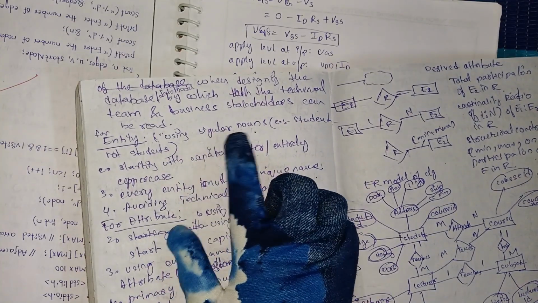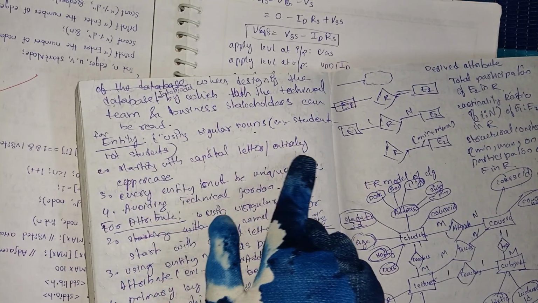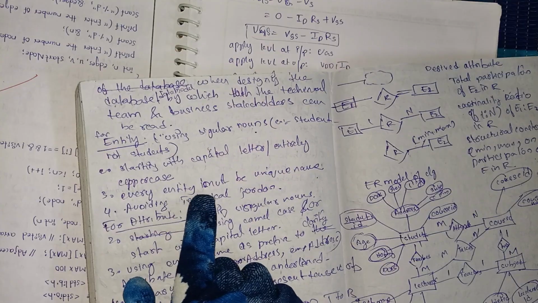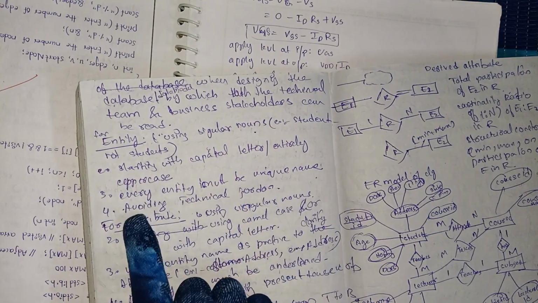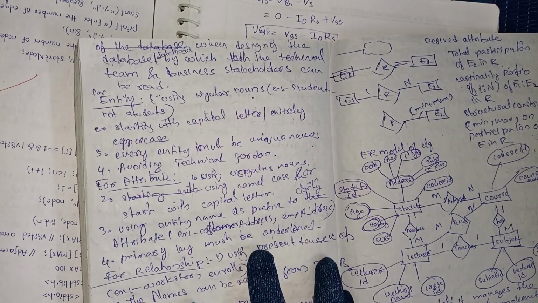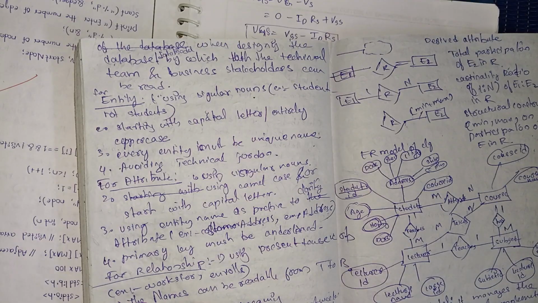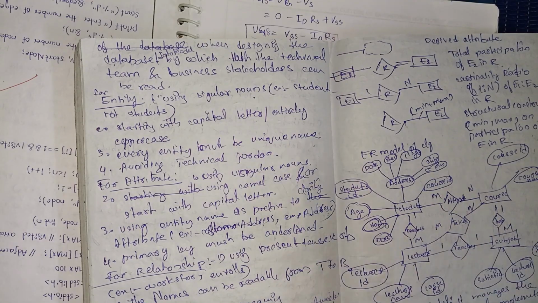Entity rules: use singular nouns like student, not students, starting with capital letters or entirely uppercase, and every entity must have a unique name. Avoid technical jargon, like instead of using utilize, we have to use the word use, and instead of terminate, we have to use stop. Like that, many will be there.